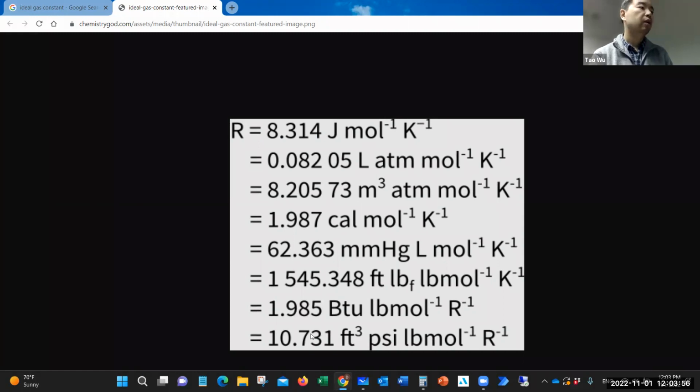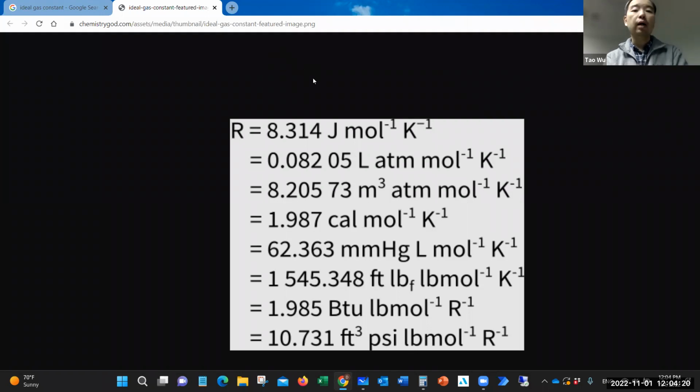But how come when we figure out the constant, the constants are different numbers? That is because they have different units. If we use different units, we get a different constant.